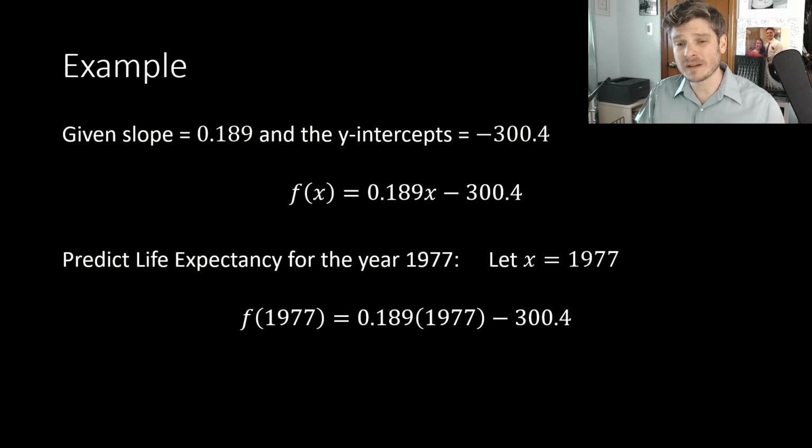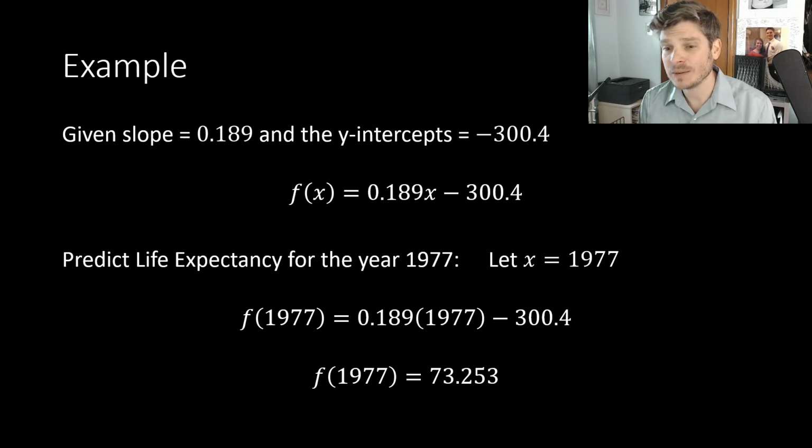So multiply first 0.189 times 1977, then subtract 300.4, and I end up with the result 73.253. So again, I came up with a linear model. I plugged in the year 1977, and my model predicts that the life expectancy should be 73.253. So again, that's the prediction.